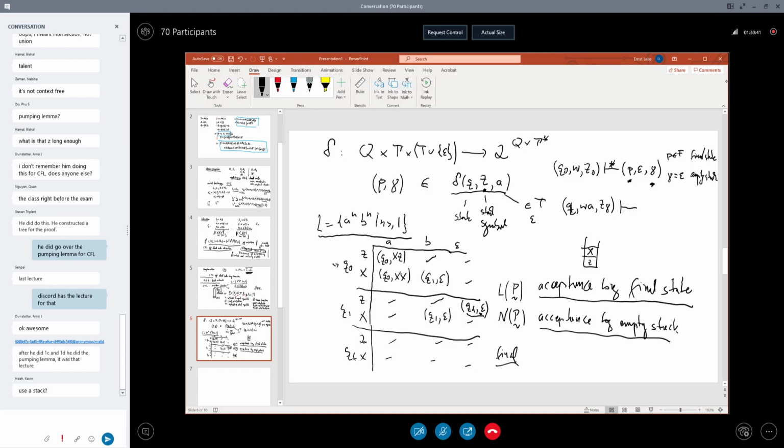Now, one move is going to get me to P, W, and alpha gamma, if that delta of Q, A, and Z contains P and alpha.